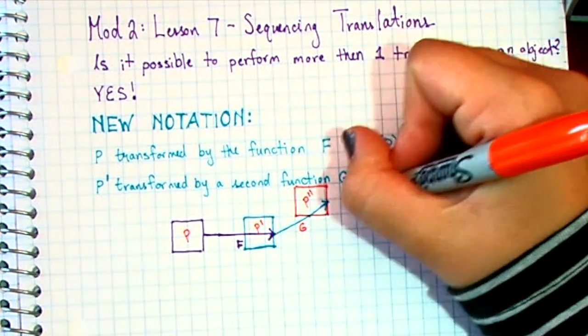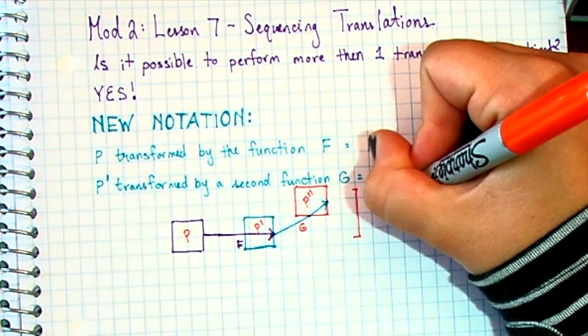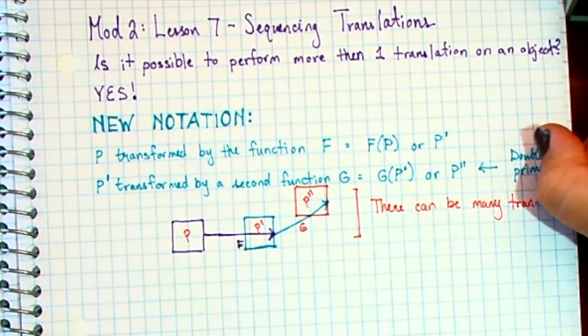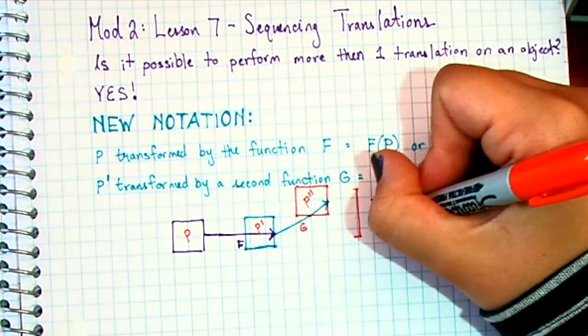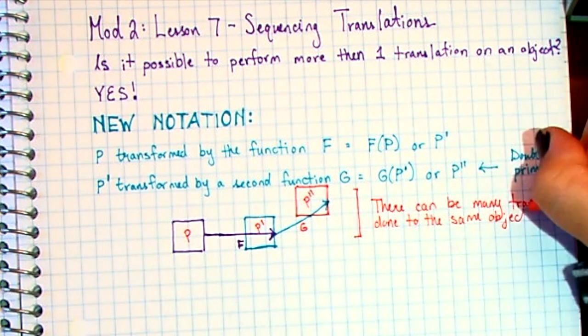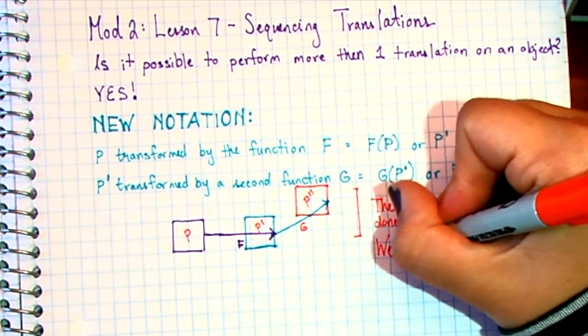So whenever I have more than one step for my transformation, I want to notate it just like that. And like I said, there can be many transformations done to the same object. And when that happens, we call it a sequence.